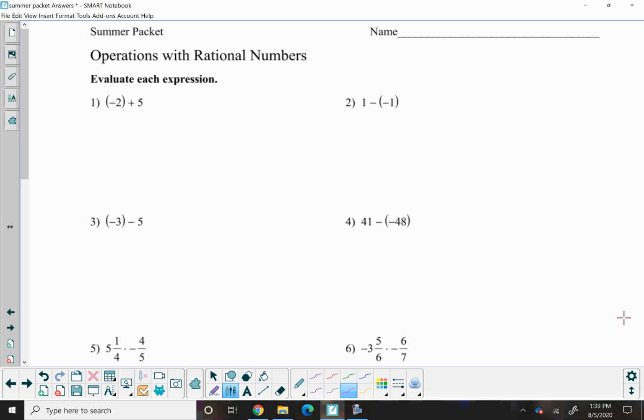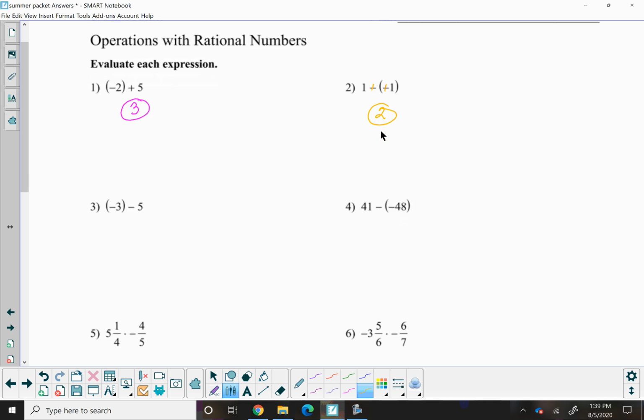So we're going to go over the summer packet, making sure you understand everything. So we have negative 2 plus 5. Signs are opposite, so I'm actually going to subtract. I'm going to get 3. The next one, it's subtraction. Leave, change, opposite. So I have 1 plus 1, which is 2.